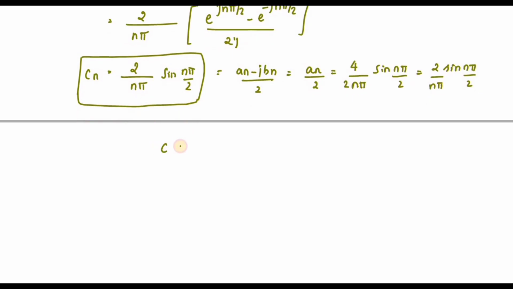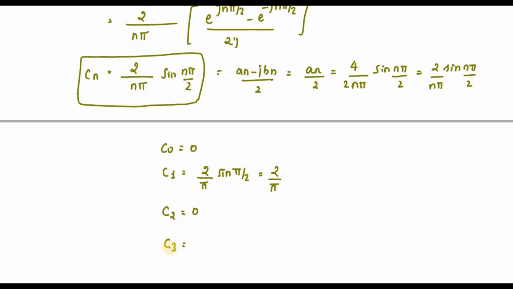So if I want to find the values, you can substitute here. Already we found the value for C0 is 0 and C1, so you substitute this value, 2 divided by pi sine pi by 2. So it is nothing but 2 divided by pi. Right? So C2 value is 0, since it is sine pi, which is 0. So we'll get C2 as 0 and C3.